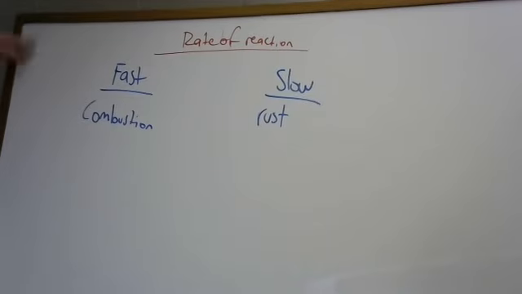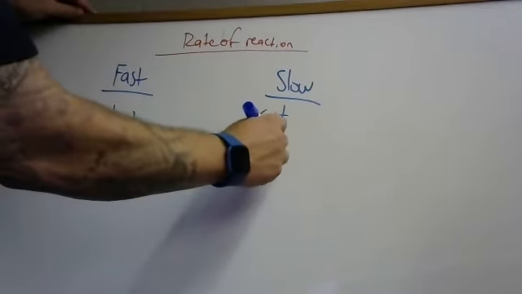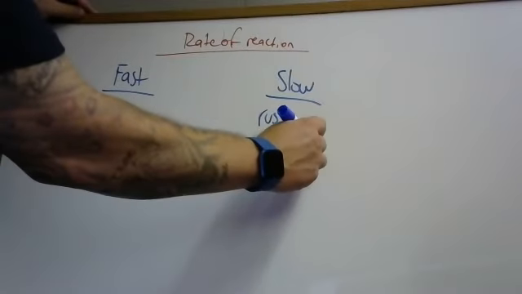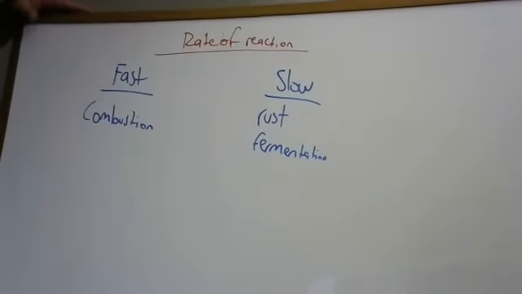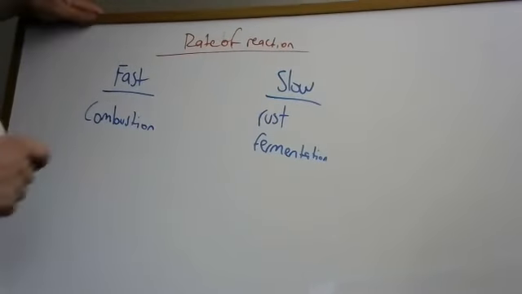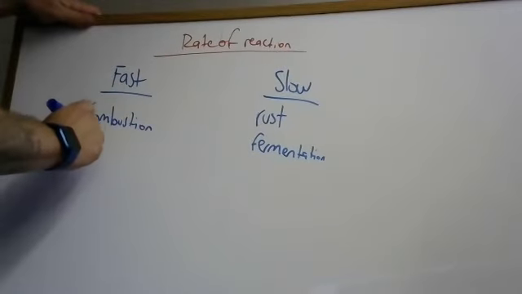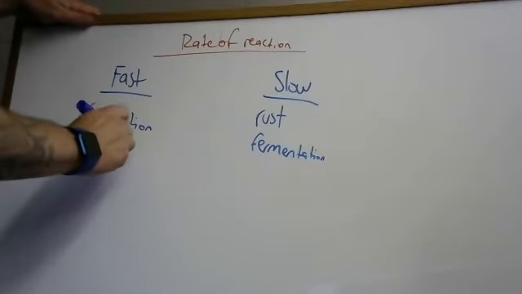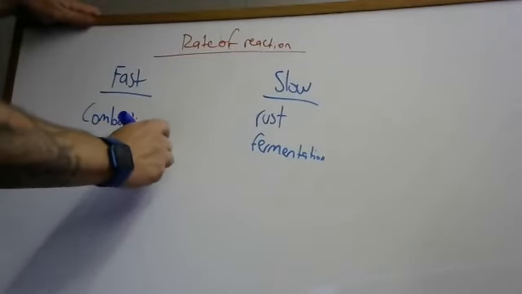Fast is combustion, slow is rusting, fermentation. So things that take a decent amount of time. Ripening of tomatoes.